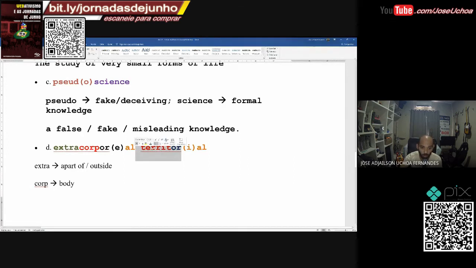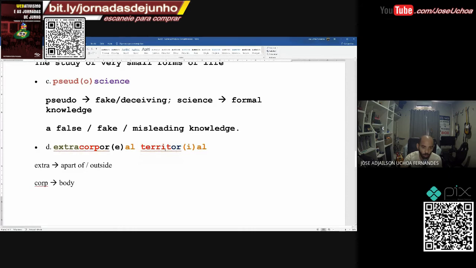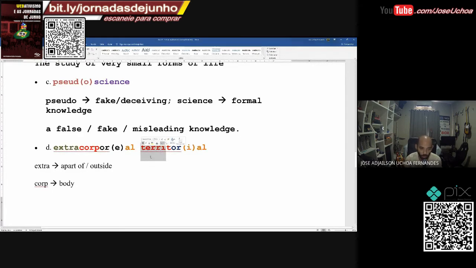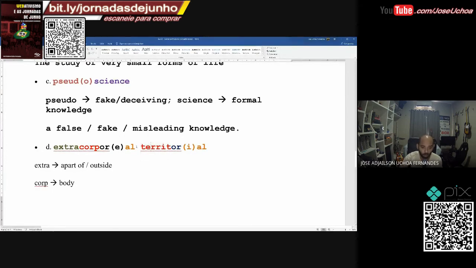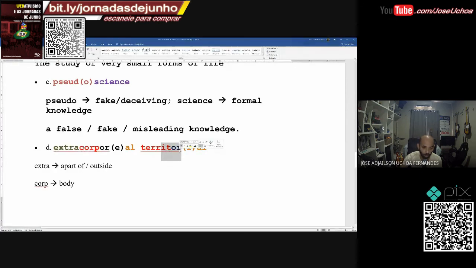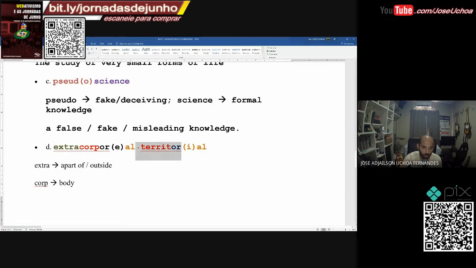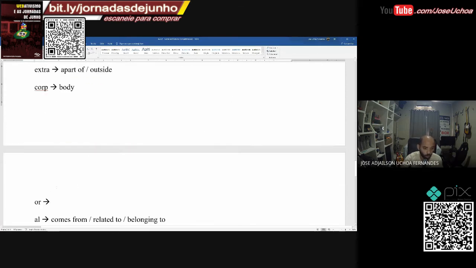This is part of territory, which is the noun, but territory comes from terri, which is Latin, terra, or terrestrial. And then you would see that terri is the root. So what is the meaning of or? What should we do with or?